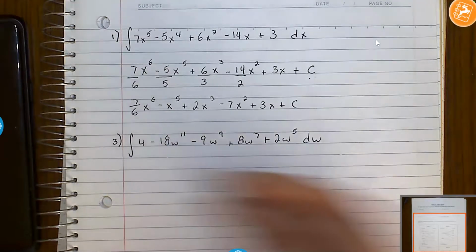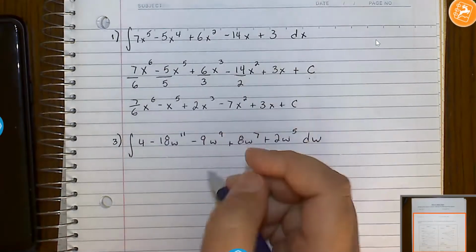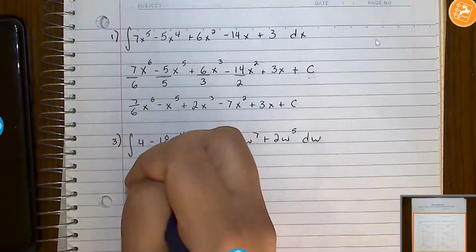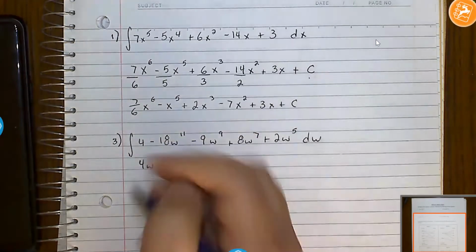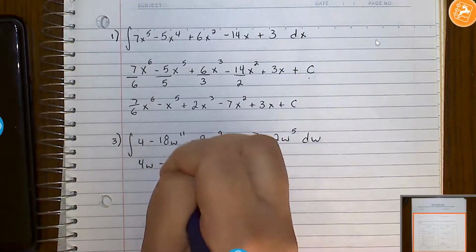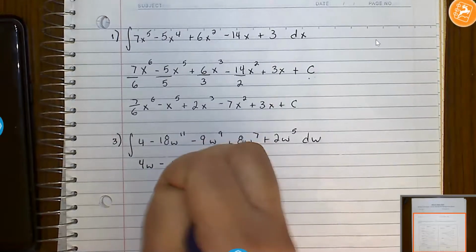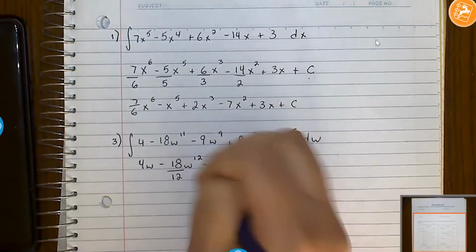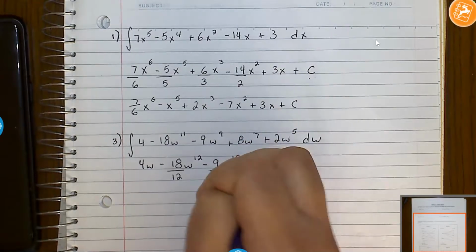So to take the integration of this or the antiderivative of this, we are just making the 4 a 4w, or you can make it 4 over 1w to the first, minus 18w to the 12th divided by 12, minus 9w to the 10th divided by 10.